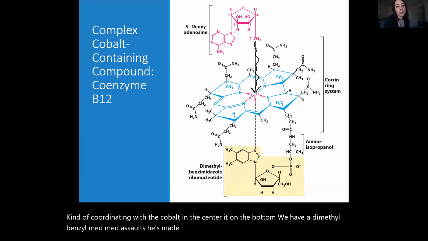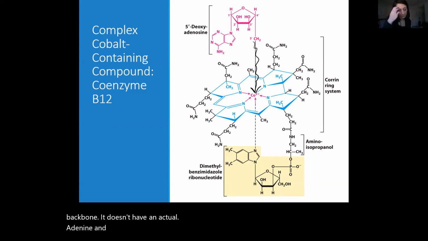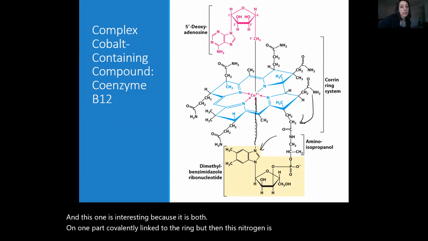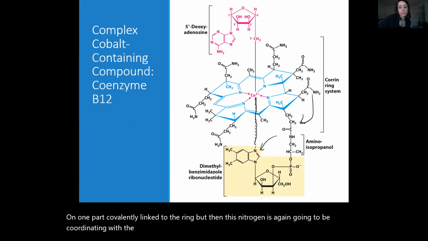So this is another similar nucleotide backbone. It doesn't have an actual adenine or an adenosine as we see on the top portion. And this one is interesting because it is on one part covalently linked to the ring, but then this nitrogen is again going to be coordinating with the cobalt in the center.